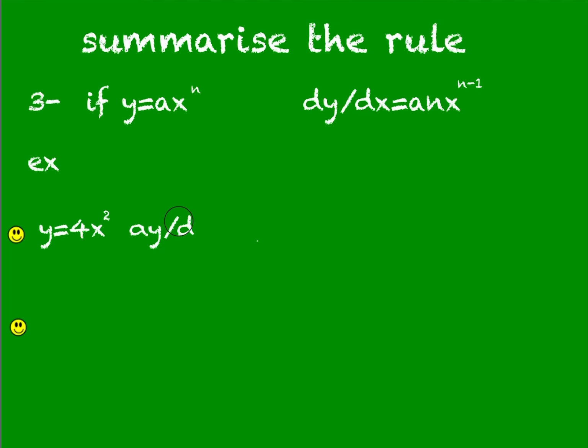So, dy over dx is going to be what? 4 times, 4 never changes, 2 comes down, okay, and x to the power of, decrease the old exponent by 1. So, organize: dy over dx, 2 times 4, 8, 8 times x to the power of 1, we don't need to write the 1.